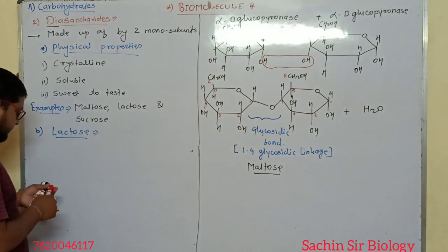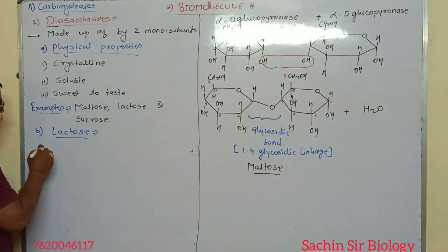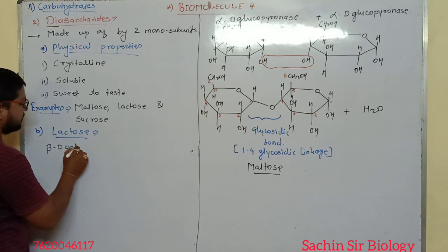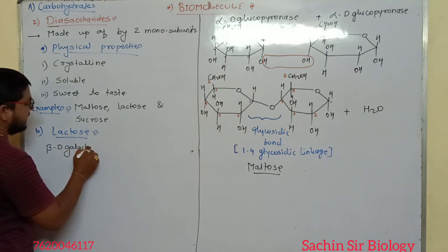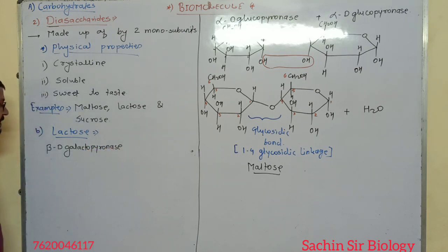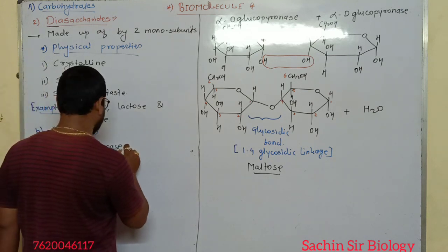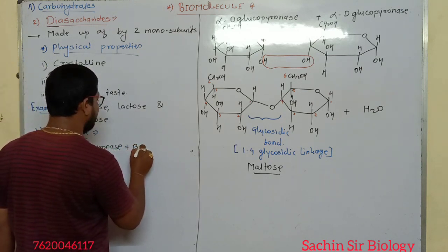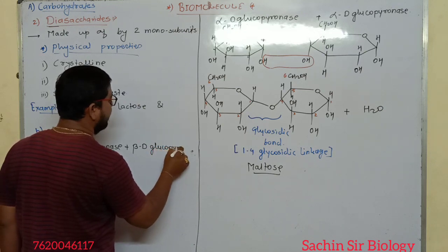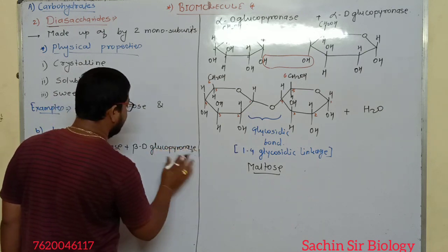The first one is beta D galactopyranose, which is also called beta D galactose, and the second is beta D glucopyranose, which is also called beta D glucose.